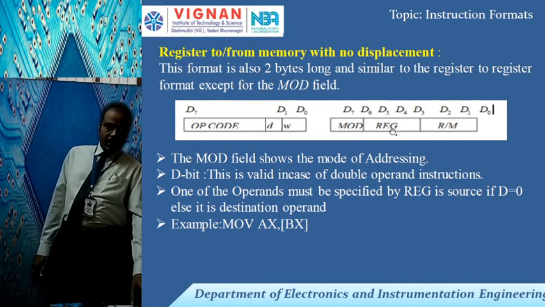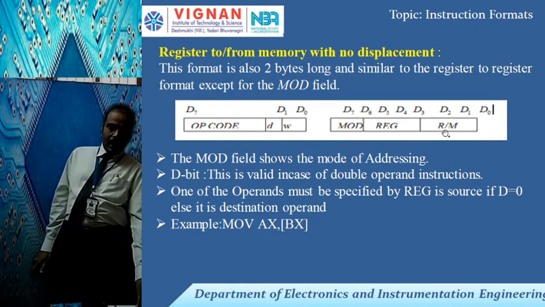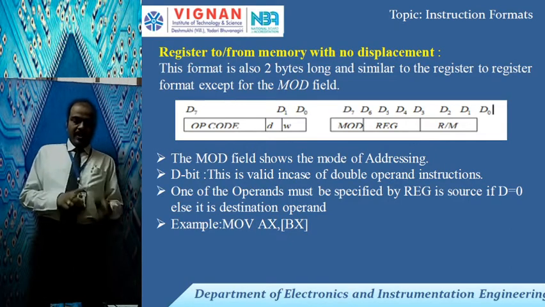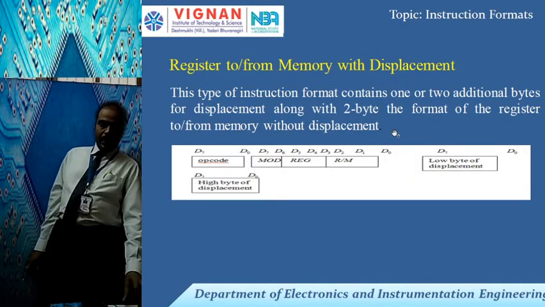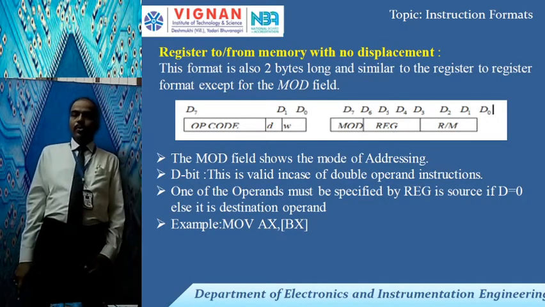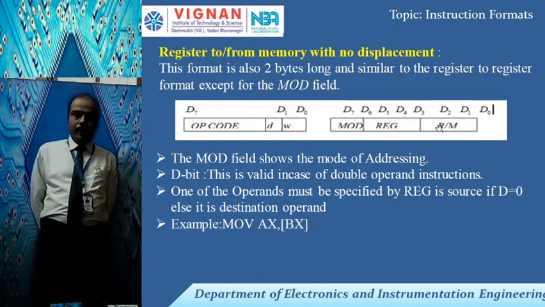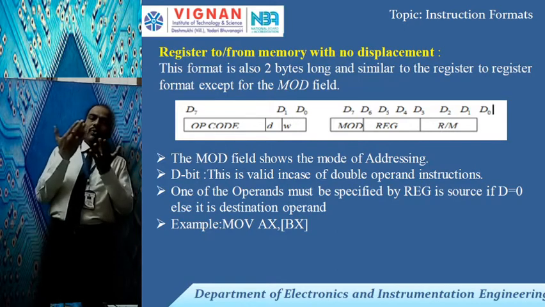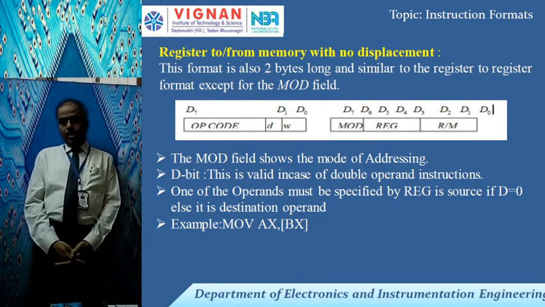Generally one is called the source operand, the other the destination operand. Operands are of 2 types, source and destination. Most of the time the destination will be a register only, and the source operand may be a register or memory. So from which memory or from which register we are going to transfer the data. These types of instructions are called register to register instructions.